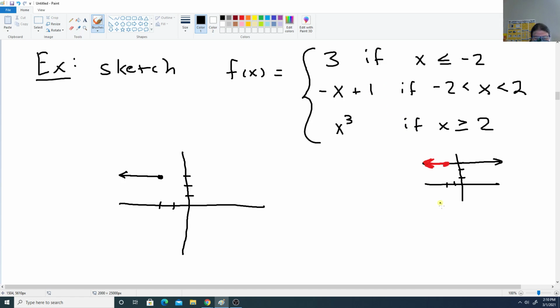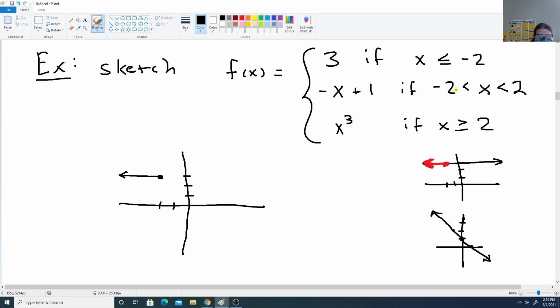For the middle part, we have -x plus 1. This is a diagonal line. Its y-intercept is +1. Its slope is -1. So if I go down 1, I go to the right 1. If I go up 1, I go to the left 1. And this right here is kind of my line. Okay.